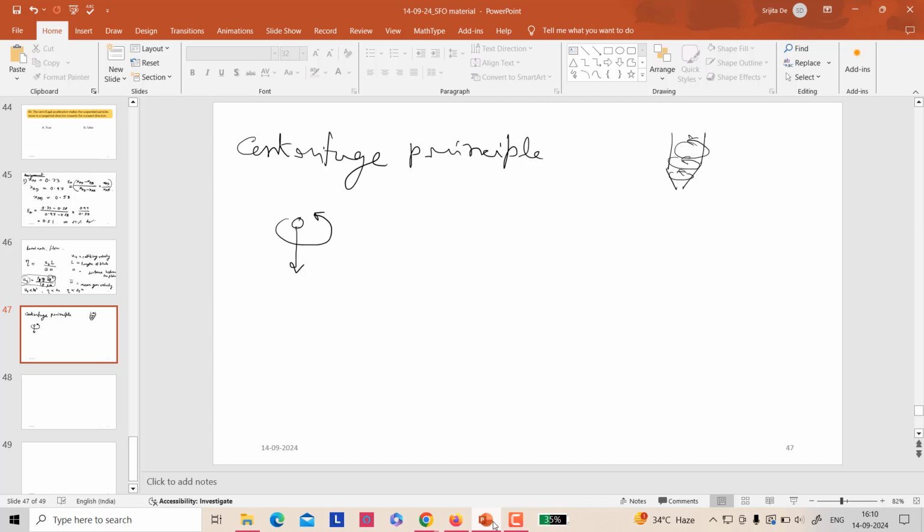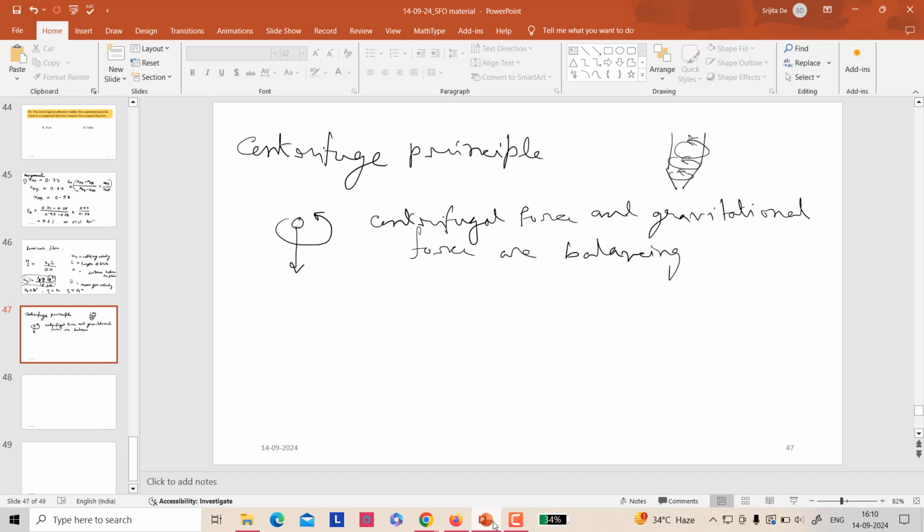So these two forces, centrifugal force and gravitational force, are balancing with each other and creating this rotating motion in the centrifuge.